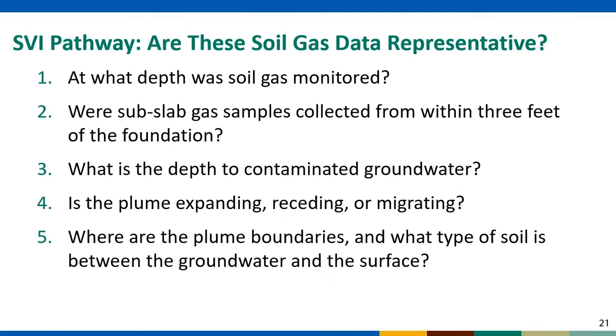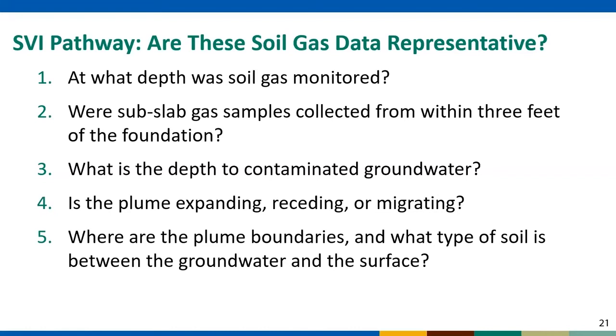The next questions are, what is the depth to contaminated groundwater? Is the plume expanding, receding, or migrating? Where are the plume boundaries? And what type of soil is between the groundwater and the surface?